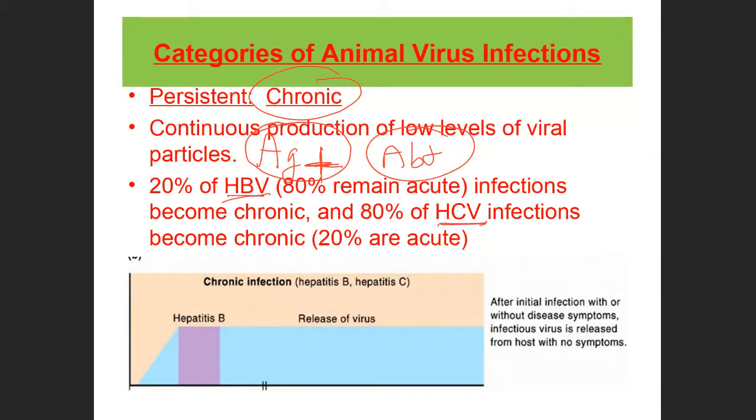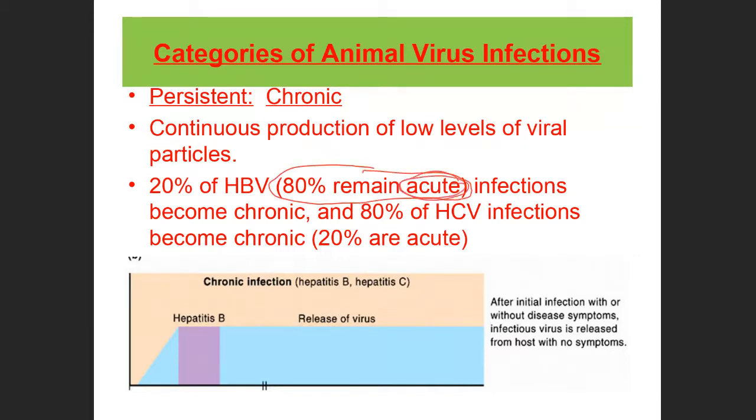With hepatitis B virus, 80% of the infections are going to be acute and 20% will be chronic. Even though it's the minority of the time that the virus causes a chronic infection, we still call it a chronic hepatitis virus.